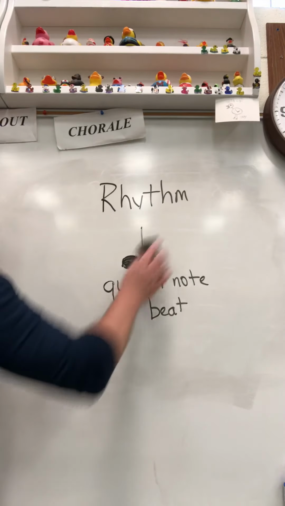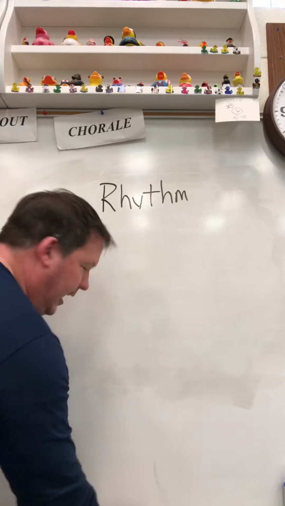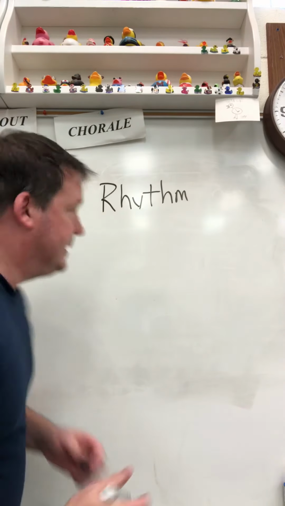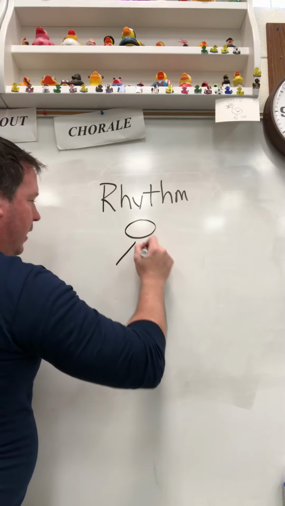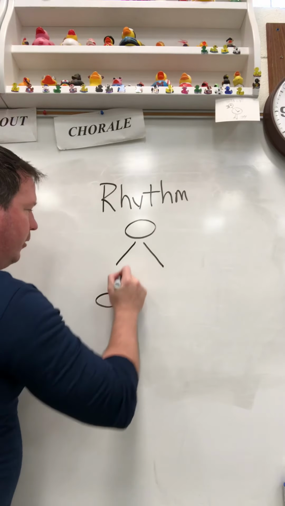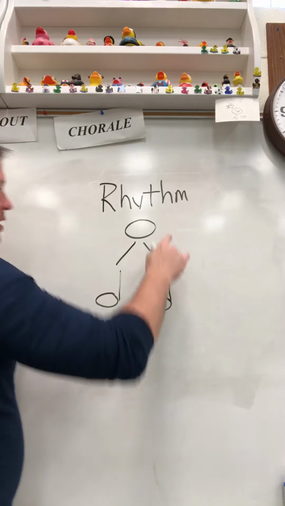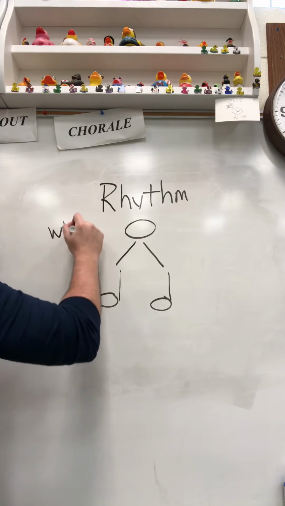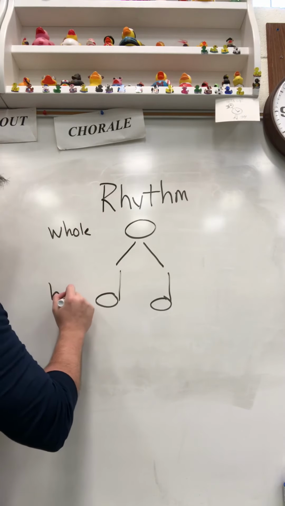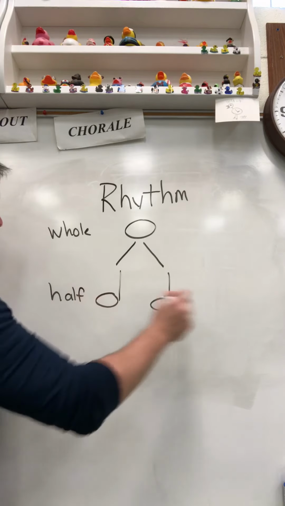Now, you've probably seen something like this in one of your math classes, but we have whole note here at the top, 2 half notes equal this 1 whole note. So here's your whole. This is the half. We've got 2 of those.